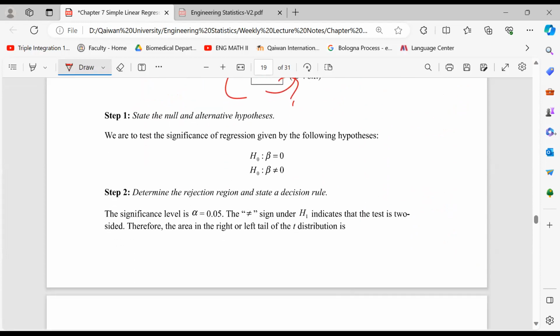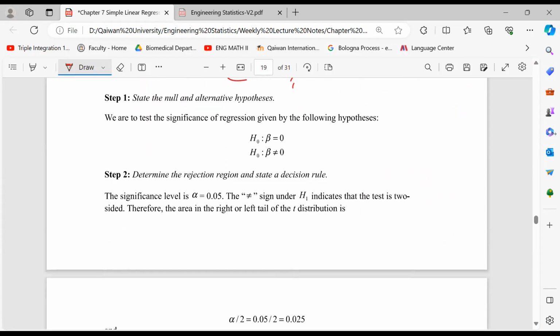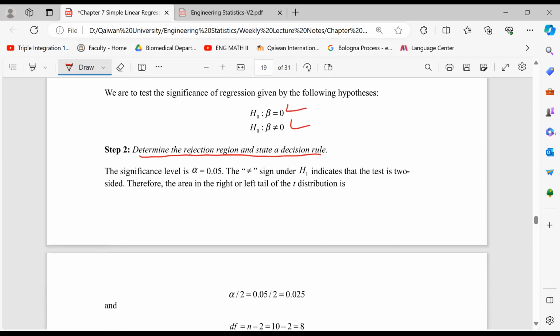Okay. Now we start from the first step. In the first step, as I said, we just write down the null hypothesis and the alternative hypothesis. Now we write down the decision.